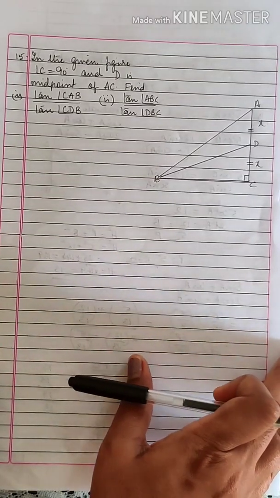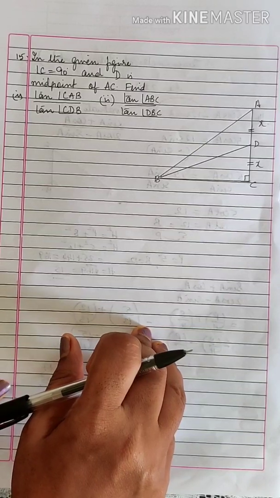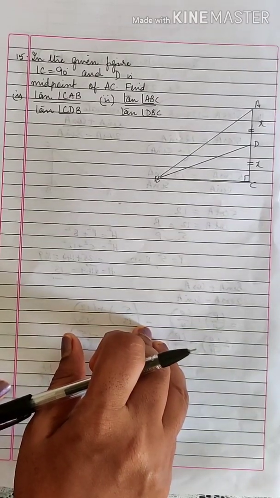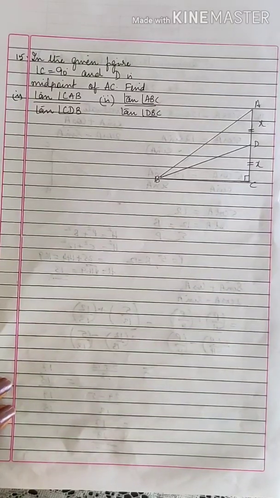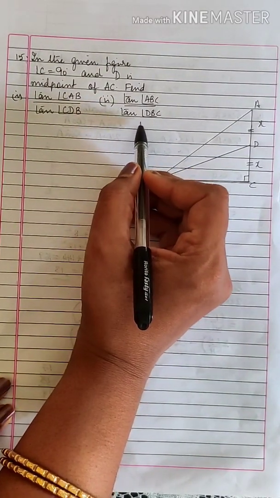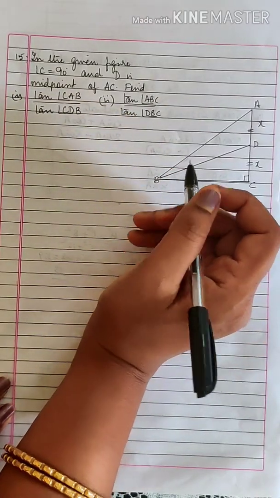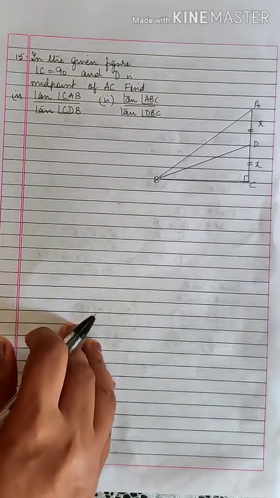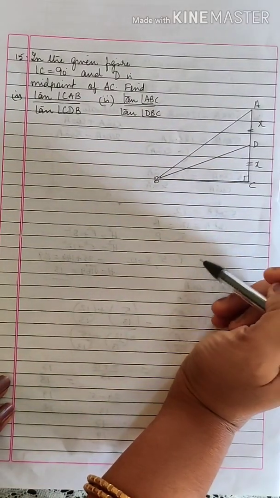In the given figure, angle C is equal to 90 degree and D is the midpoint of AC. Find tan angle CAB upon tan angle CDB, and this is tan of angle ABC by tan of angle DBC. Now, if you observe the figure, it is given that D is a midpoint.